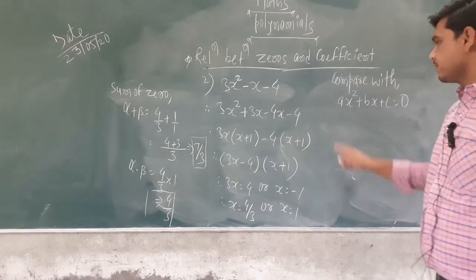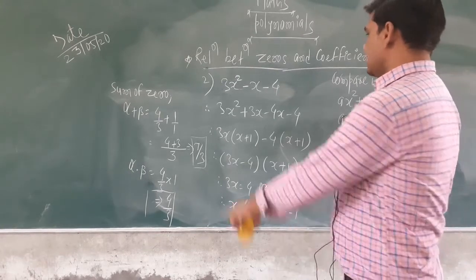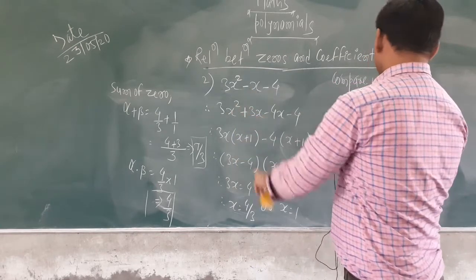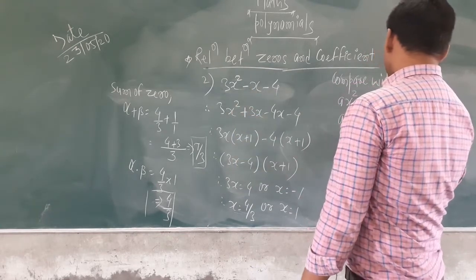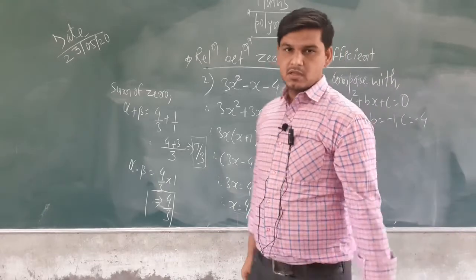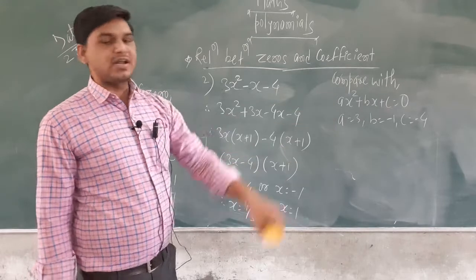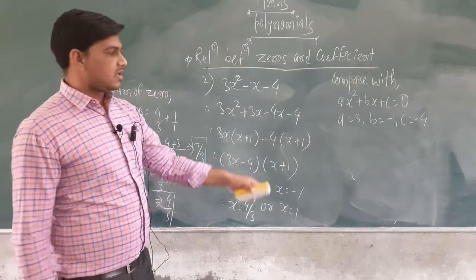That is the standard quadratic equation, where a equal to 3, b equal to minus 1 and c equal to minus 4. So while comparing with the standard quadratic equation, we get the values of a, b and c.